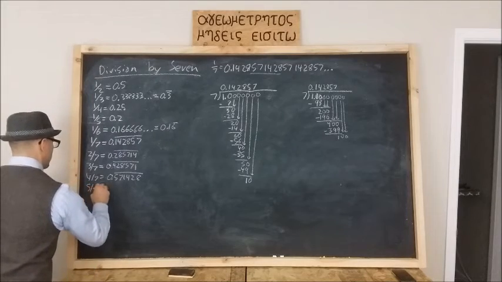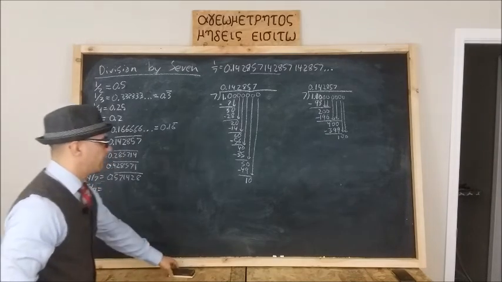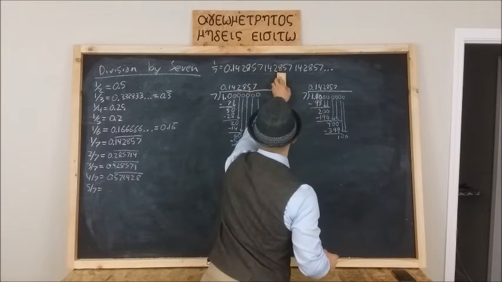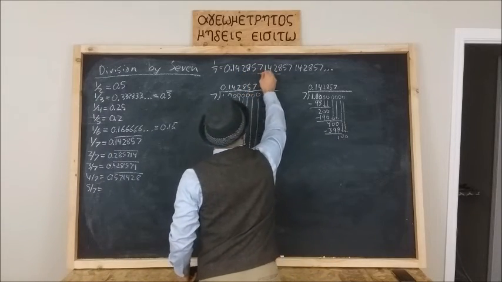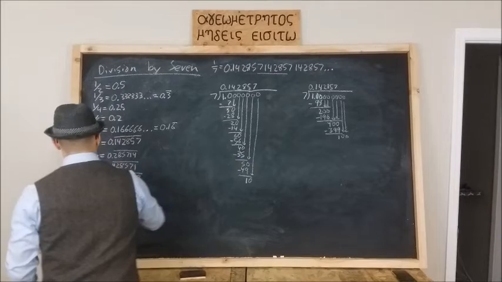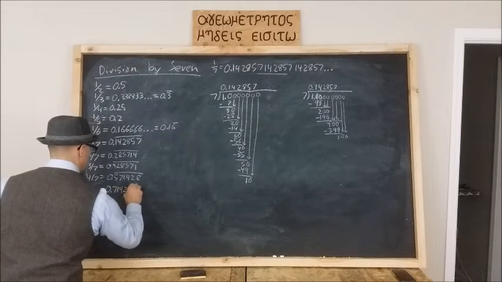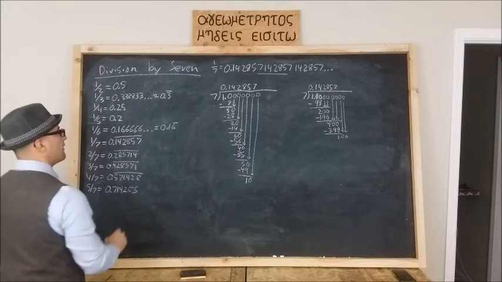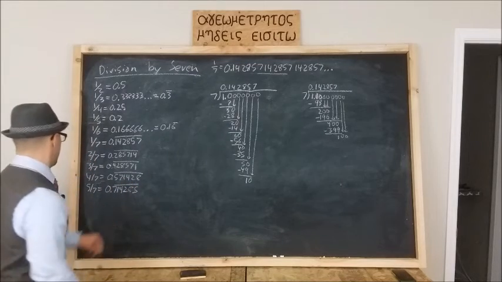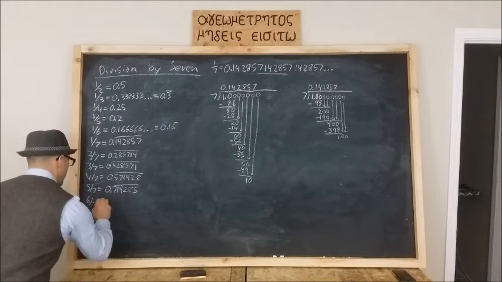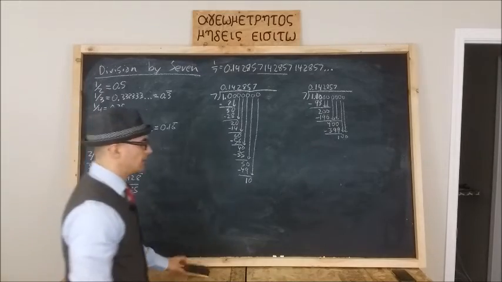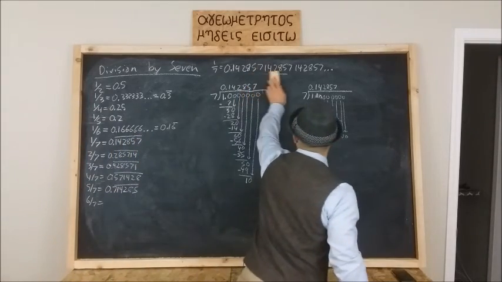Okay, 2 more. 5 over 7. 14 times 5 is 70. So we'll start with the 7. And we'll go for 6 digits. So 5 over 7 is 0.714285 repeating. And lastly, 6 over 7. Well, 14 times 6 is 84. We start with the 8.